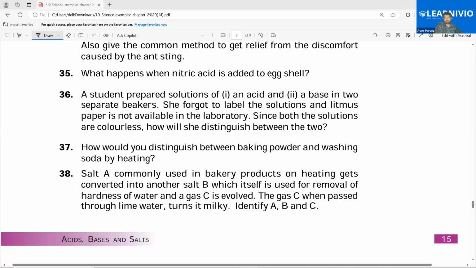Done. Yes, what's the answer? So salt A is sodium bicarbonate, NaHCO3, and then C is CO2 gas, and the salt is washing soda, Na2CO3.